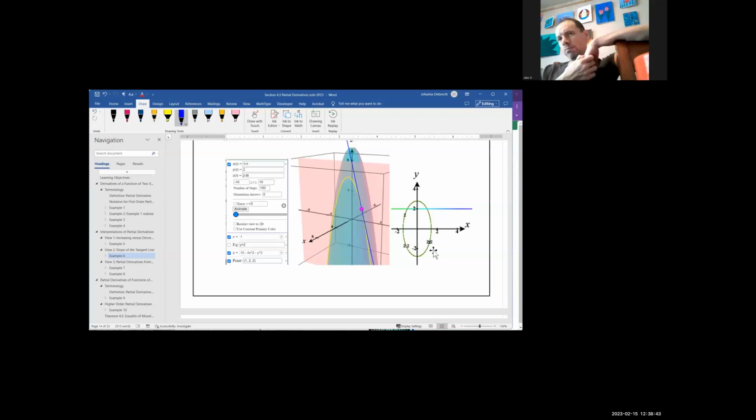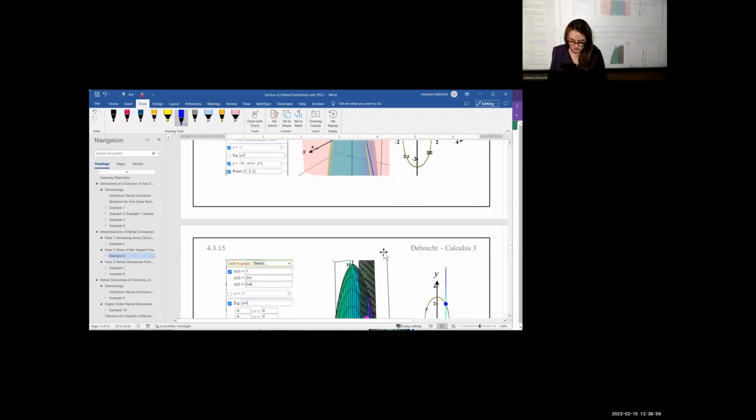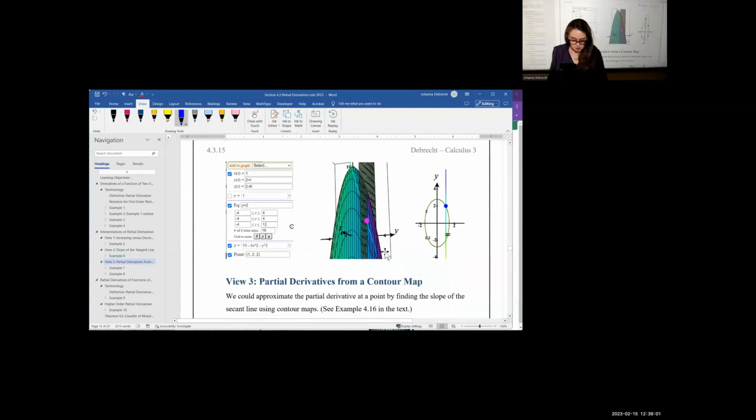Y. X. Okay. It's weird, but it's parallel to the one you took the partial with respect to. So this one would be the partial with respect to X, the one we just did. And this one would be the partial with respect to Y, the first one we did. Okay.